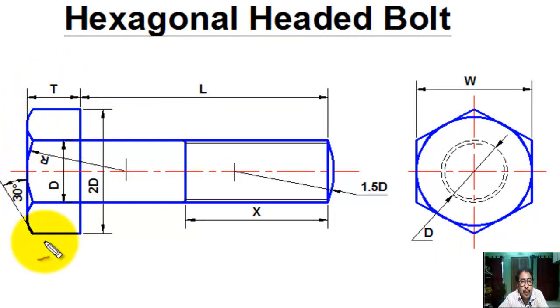In front view, this is the hexagonal head, thickness T equal to 0.8 D. D is the nominal diameter of the bolt, that means outer diameter of the bolt.